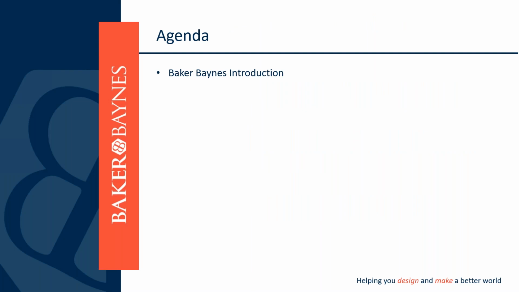If we have a look at the agenda, we're just going to touch briefly on a Baker Baines introduction. There's also 2 different polls in this webinar, so I'd like for you to also just interact with us during the course of the webinar. Then we're going to start by having a look at just how to set up your project, managing the permissions. The permissions is one of the main things that drive people to look at BIM 360 Design, Docs, Build, any of the other modules as an option for a common data environment.